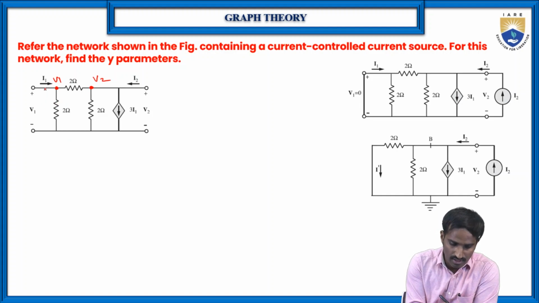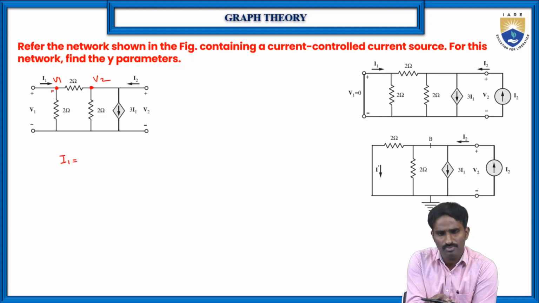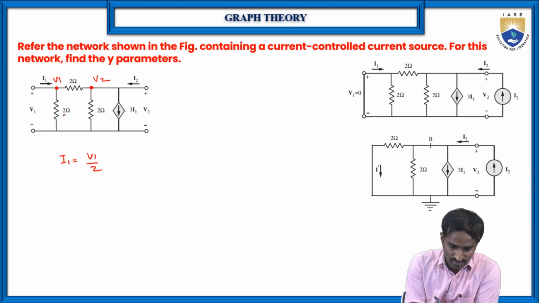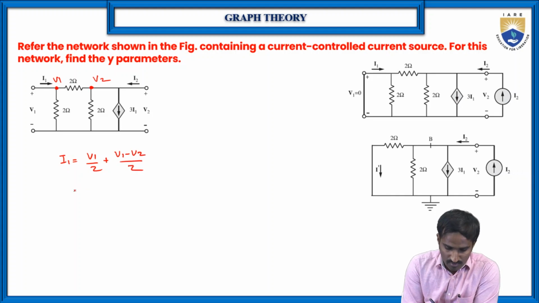So for this I1, just apply the KCL at this particular node. So I1 is equal to V1 by 2 with respect to 2 ohms, and again here it is V1 minus V2 by 2. Then if you simplify this, it is V1 minus 0.5 into V2, which is equal to I1.